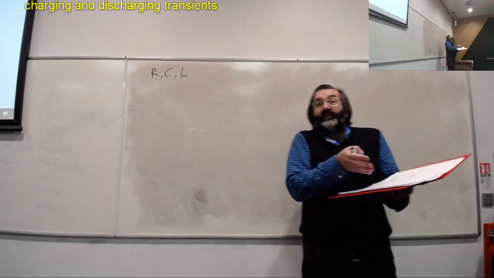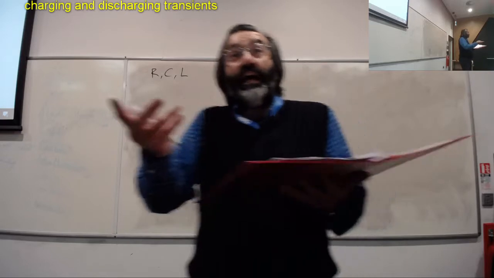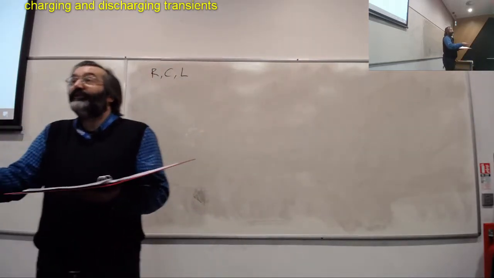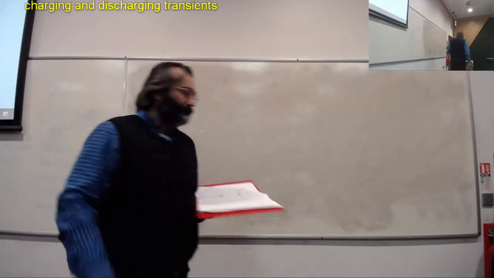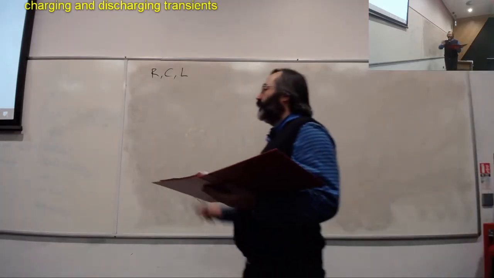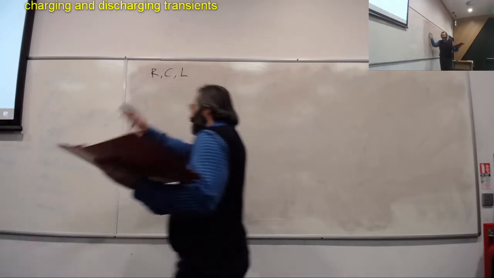But if you look at a few microseconds, seconds, it depends, you have both the transient response and what would have been the steady response. So they are kind of mixed up. Okay, so that's what we need to separate here. So we will always assume from this point onward that any transient is over.